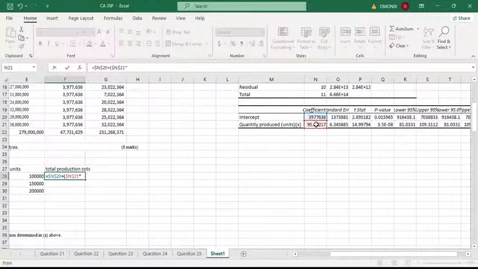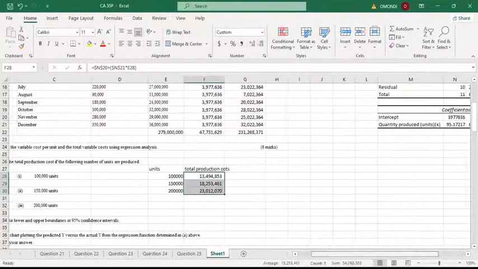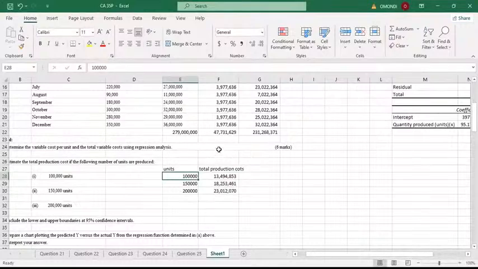Then I multiply by the units produced, which I will now keep on changing as I autofill my formula downwards. That is all we were expected to do. So I've estimated the total production cost based on the function which we generated.